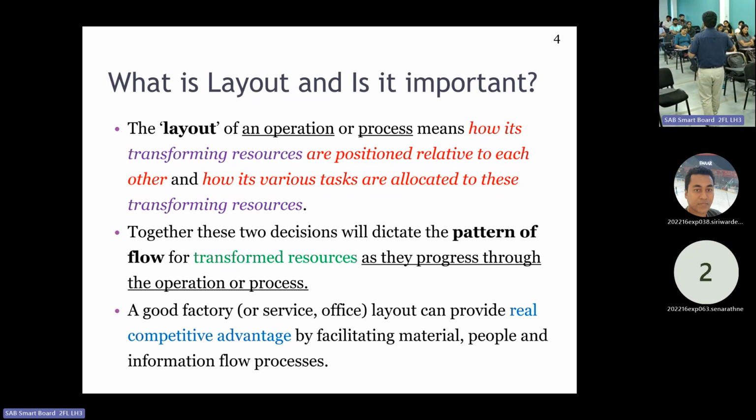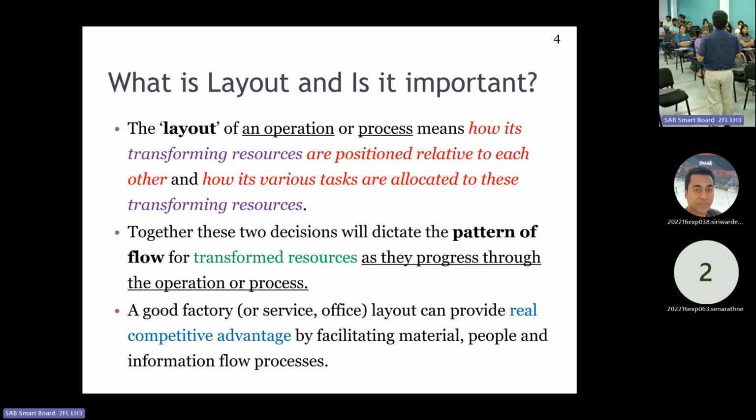Then, of course, as we operate the facility, time to time, when the situations change, the technologies change, when market requirements are changing, as a response, as an adjustment, we might have to adjust the layout time to time to suit the market requirements or processing.